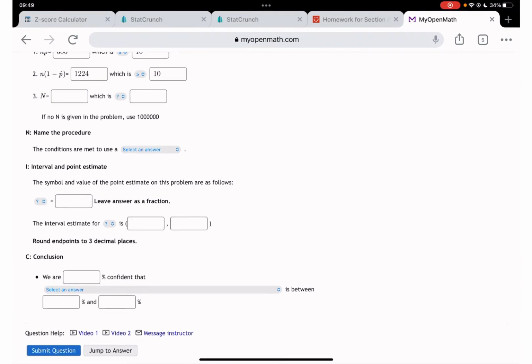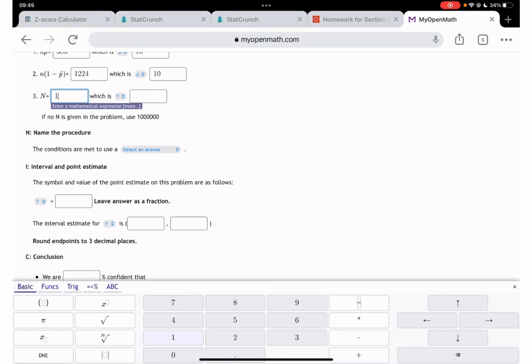Next, n, the size of the population. Usually when it's not given, as recommended in previous problems, we place 1 million, 1 followed by 6 zeros.